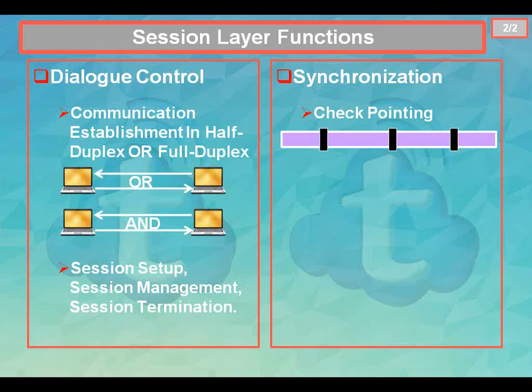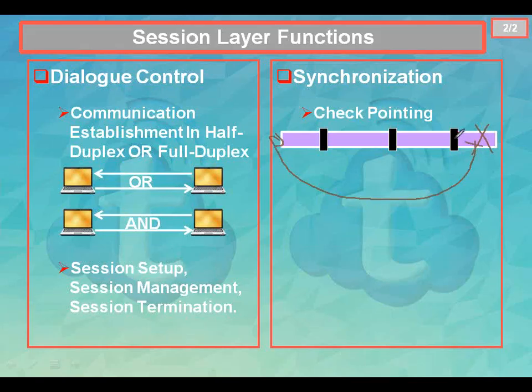So what is checkpointing here? When the application data is arriving from the higher layers, the session layer might include a checkpoint at every juncture. At some point in time, we will keep adding a checkpoint. All right. Now, what happens if a failure occurs? If the receiver detects that a failure occurs here, you don't need to go back to the starting.